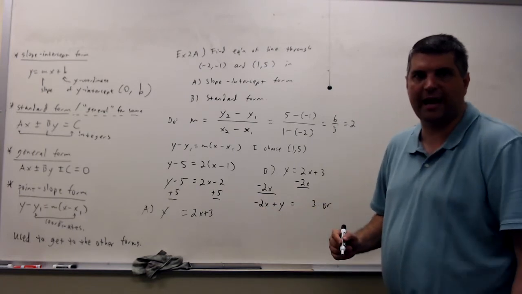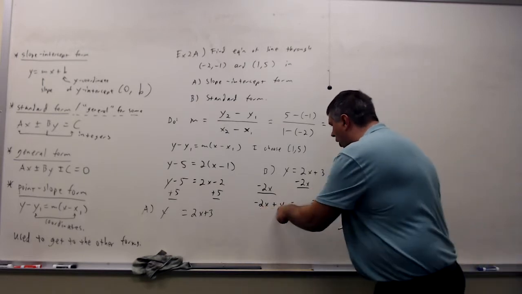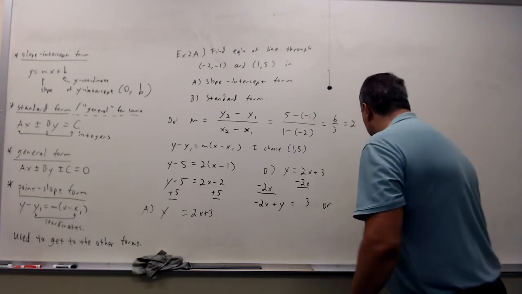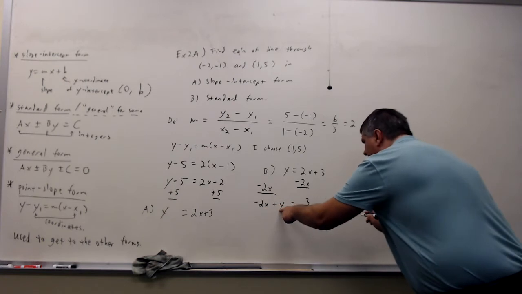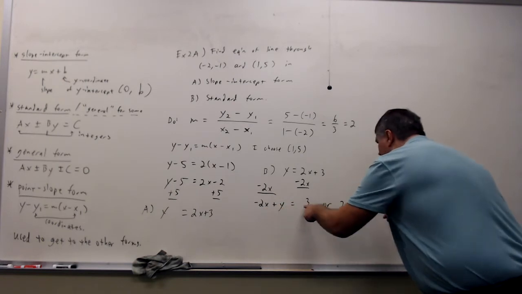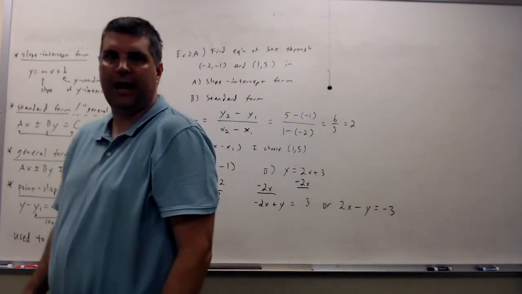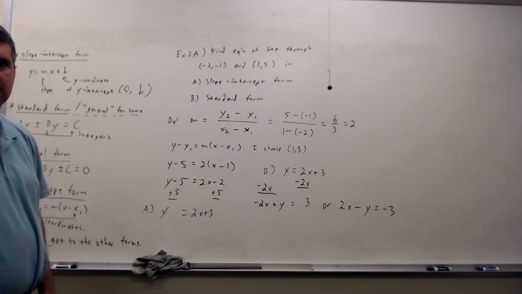That's what they'd say. So effectively what we'll do is divide all terms by -1. Divide by -1, that's 2x. Divide by -1, that's -y. Divide by -1, that's -3. That's what some textbook authors would require.